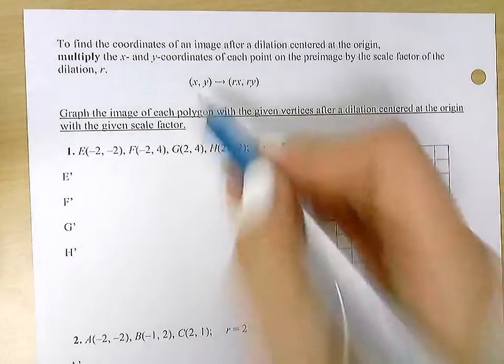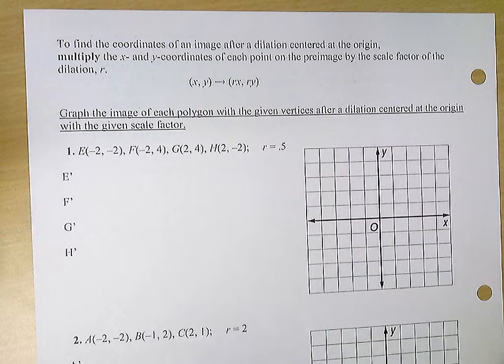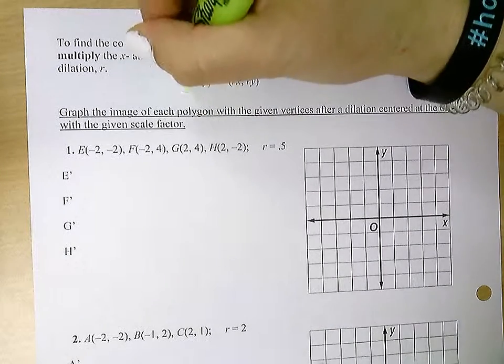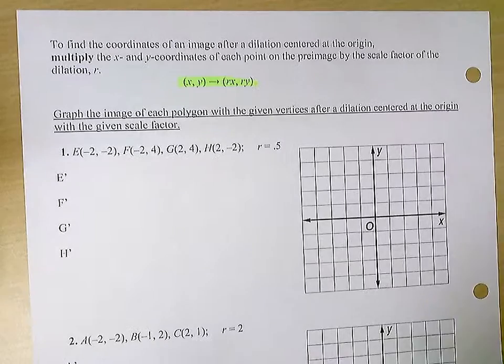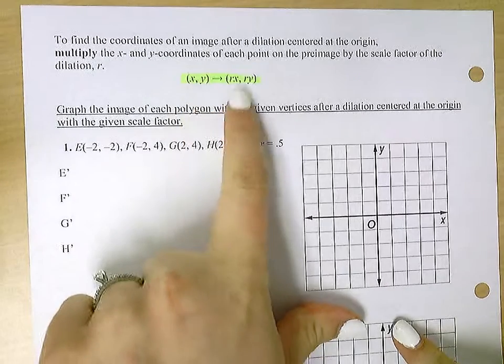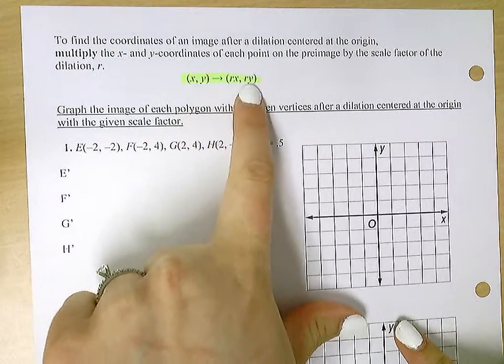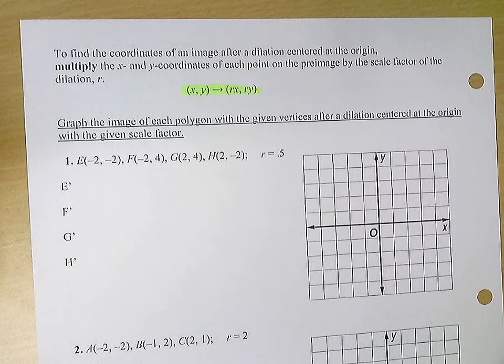So this is our rule here. We take our original xy coordinate and multiply r into x and r into y. You're just taking that scale factor and multiplying each of your coordinates.